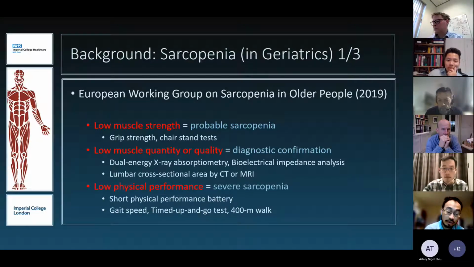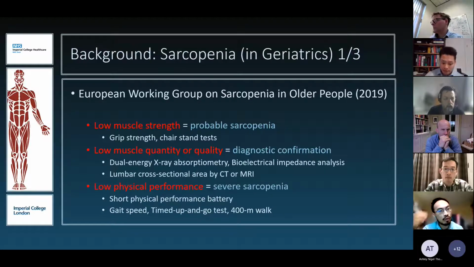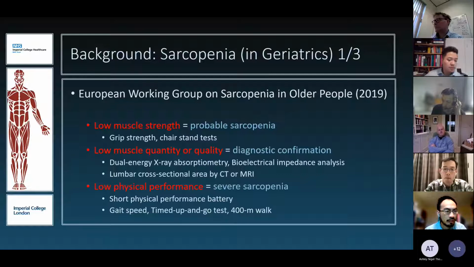Sarcopenia in cancer, or sarcopenia preceding cancer, the background comes mostly from a geriatric perspective, and this overlaps with the frailty syndrome a fair bit. If you look at the European Working Group, they have very specific definitions now, where low muscle strength as assessed by functional tests indicates probable sarcopenia, which can then be confirmed diagnostically with various modalities of imaging. The most commonly used population-based methods tend to be dual energy X-ray absorptiometry or bioelectrical impedance.